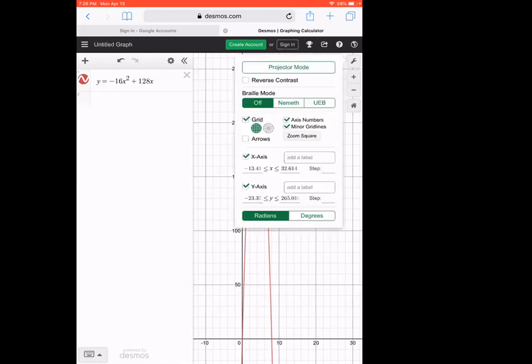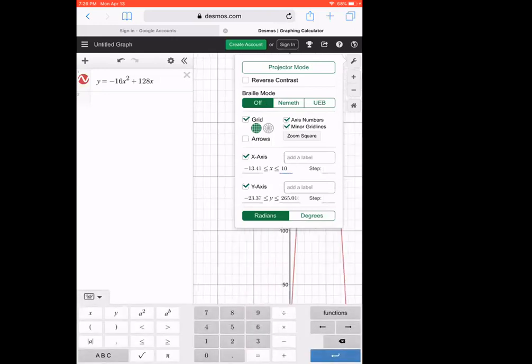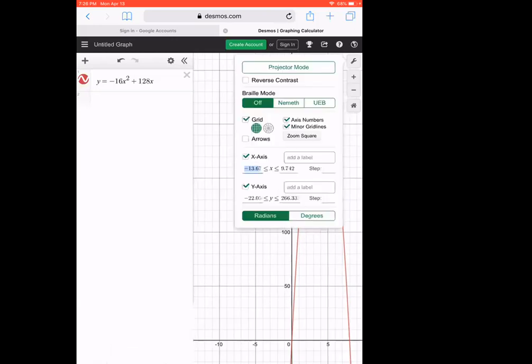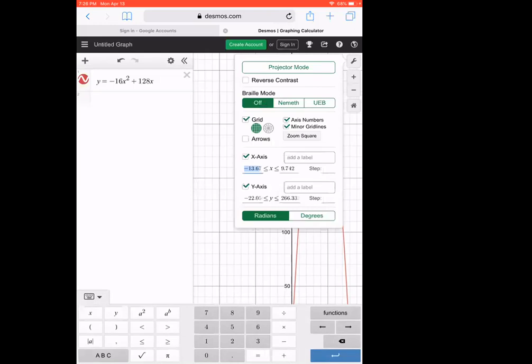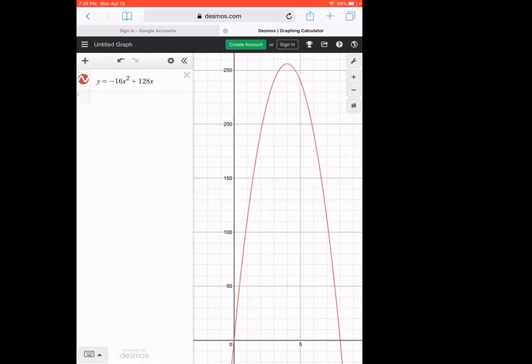So let me change that. And I don't need to go, let's go like -3 is fine. Okay, sorry. All right, so here's my rocket.